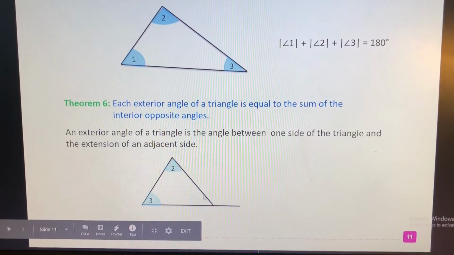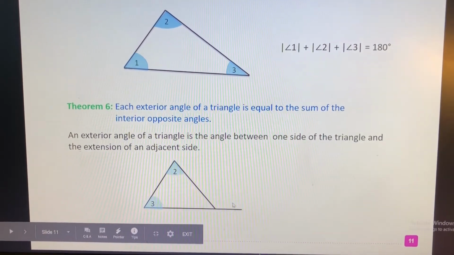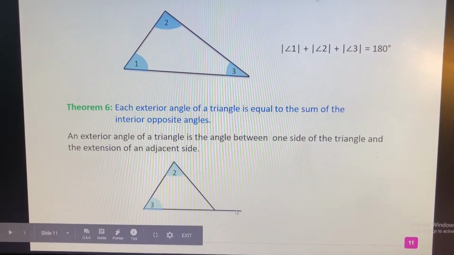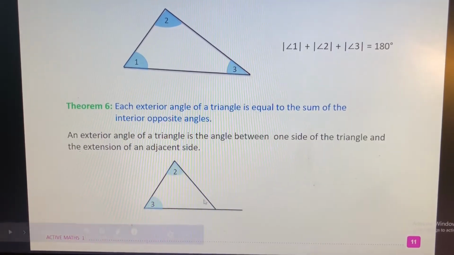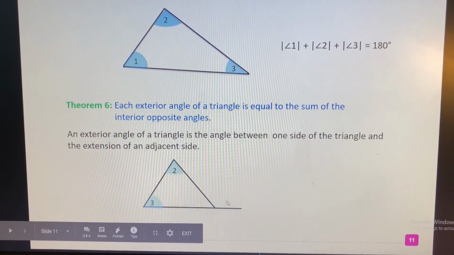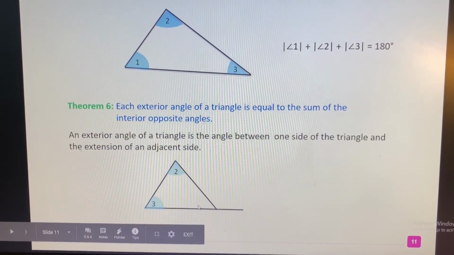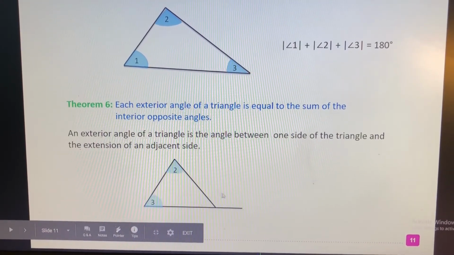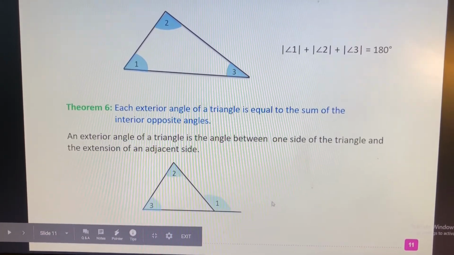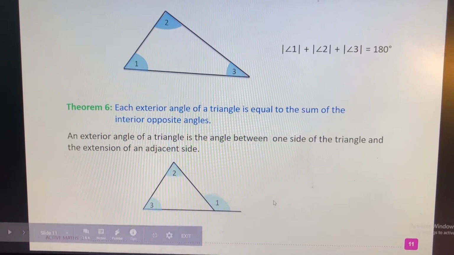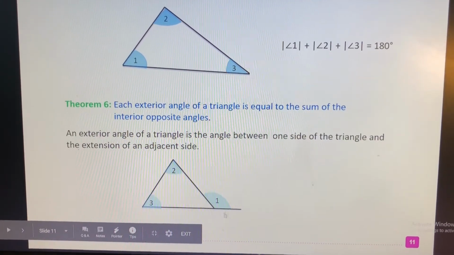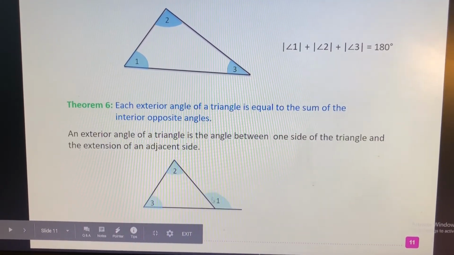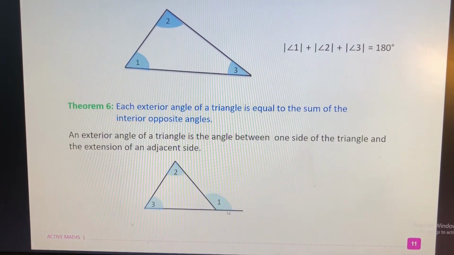Well, that has created an angle here. It's not inside the triangle, but it is just connected to one of the interior angles. This part is what we call the exterior angle. So in this diagram, we could label this the number 1.